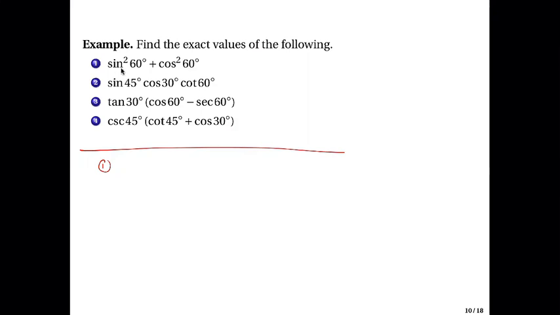By the way, this symbol here means you want the square of the value of sine 60 degrees. So you have to get the value first, and then square it. Same is true with the other addend, cosine 60 degrees, and then you square it.